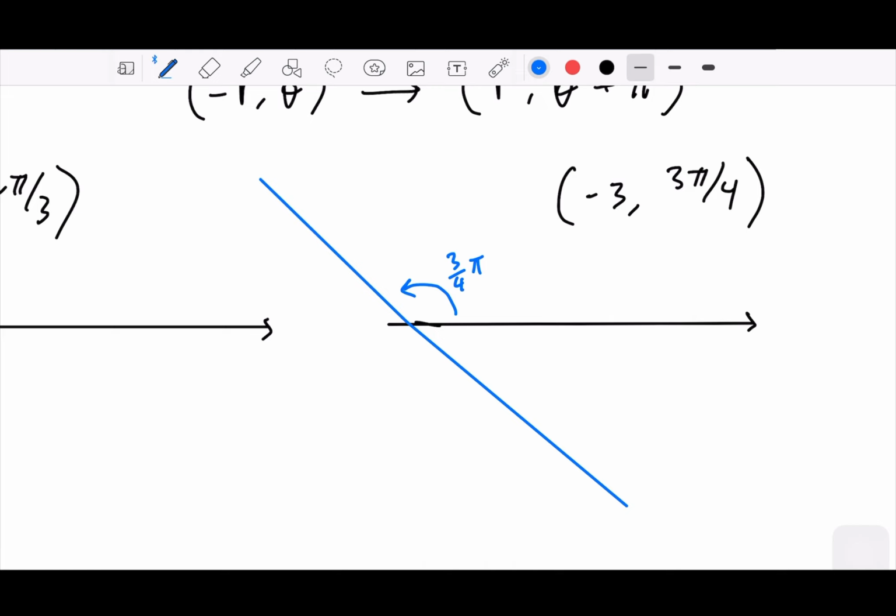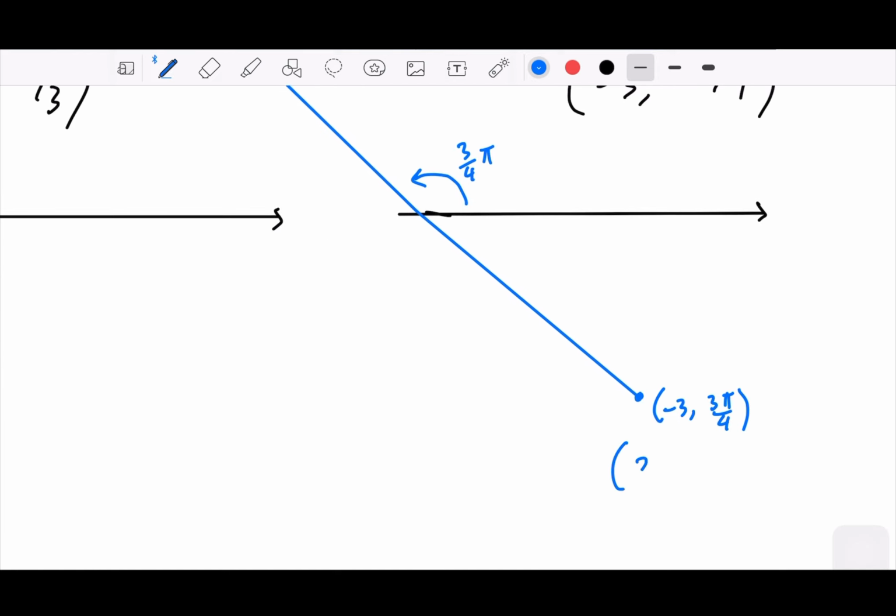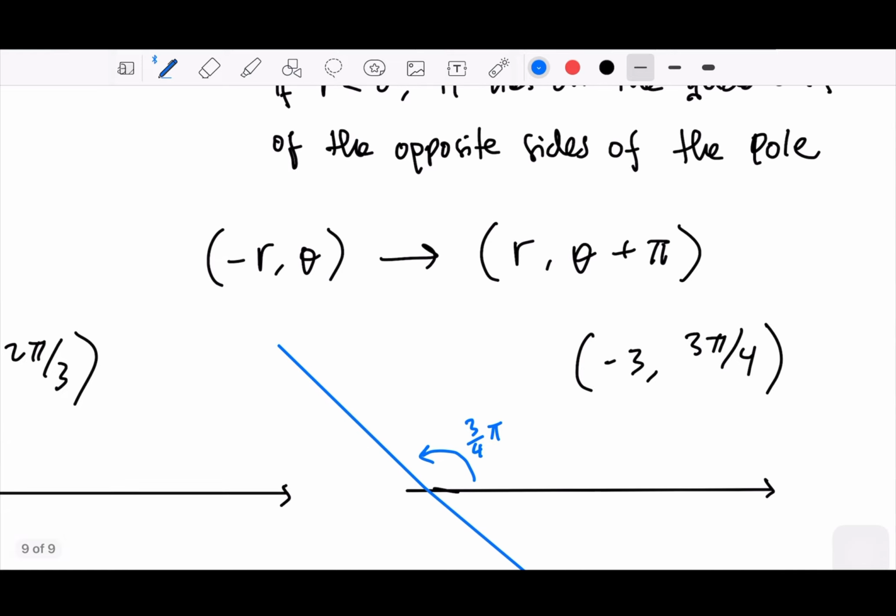The radius, if positive, it should be here, right? But because it's negative, it's on the opposite side. Or we can write this in terms of theta plus pi.